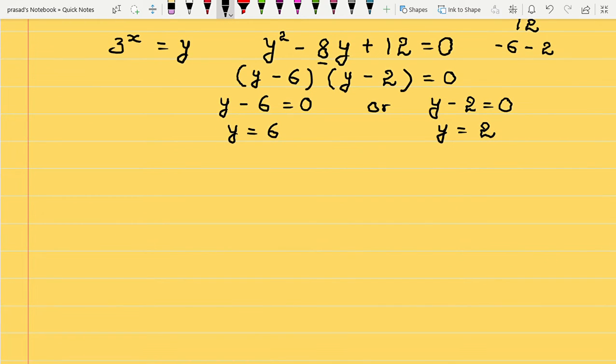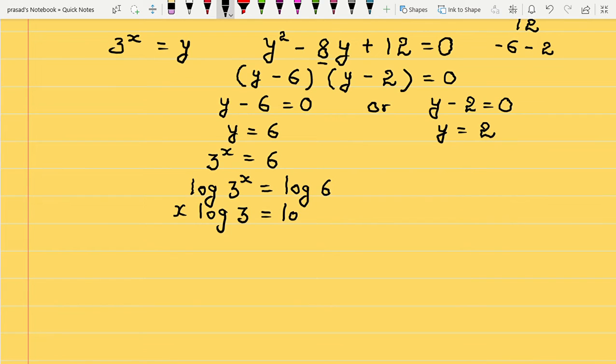So 3 to power x is equal to 6. So as we have seen in the last time, in this equation, the power is unknown. We have to find the value of x. So I will take log on both the sides. So log 3 to power x is equal to log 6, which means x log 3 is equal to log 6.